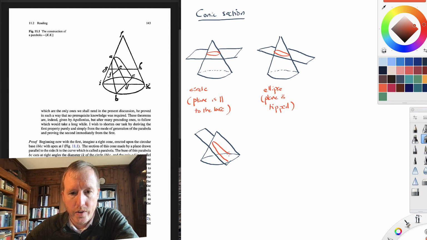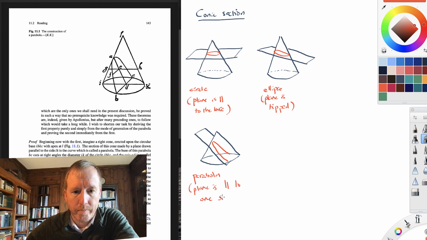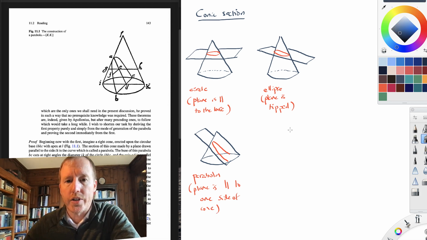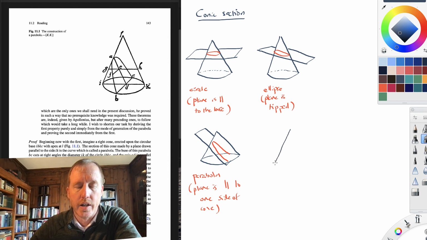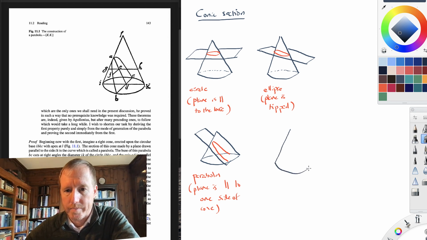And if I do this, then the intersection line will be what is called a parabola. That would be if the plane is parallel to one side of the cone. Notice that I could have cut it in a lot of different locations, but as long as I'm parallel to this side, then I will have formed a parabola.